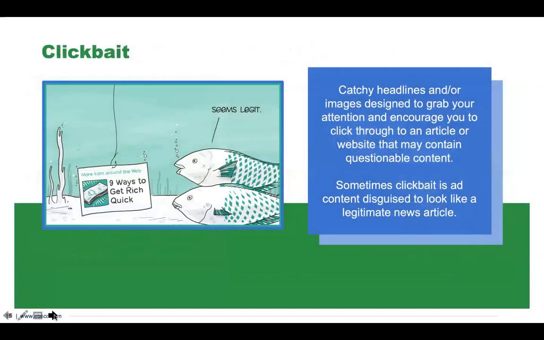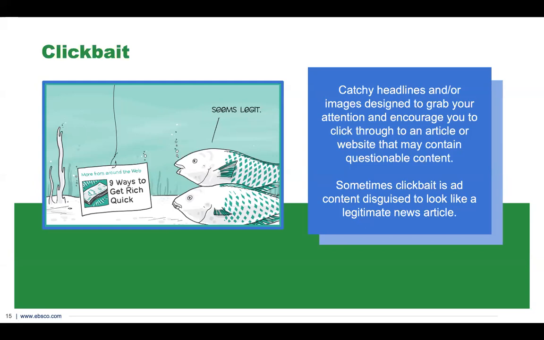People try to get you to believe anything. That's the thing that you need to remember. Clickbait is also a huge thing. This happens a lot in those banners on websites, and they usually have catchy headlines or images to get you to click.